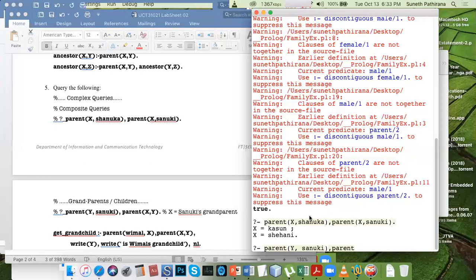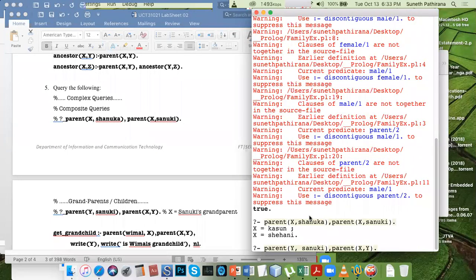Another condition, parent: a third person is involved, where X becomes the parent of Y. Who is X? X means Y's parent. That means Y also becomes a parent to Sanuki. That means we are asking about Sanuki's grandparent.